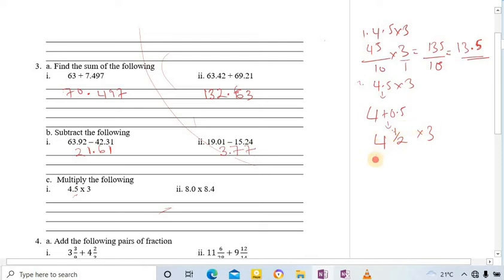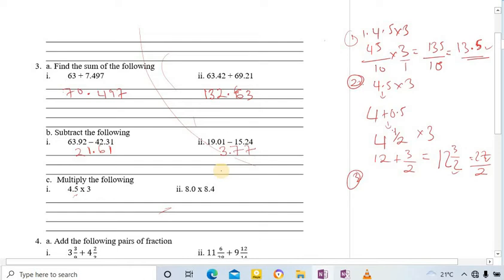And 4 times 3 is 12. 1 over 2 times 3 is 3 out of 2. I used the 3 to multiply the whole number, which gave me 12, and this time I'm using the 3 to multiply the fraction, which gives me 3 over 2. So my final answer can be 12 and 3 out of 2, also equal to 27 all over 2. This is the same as this, also the same as this. Very simple.